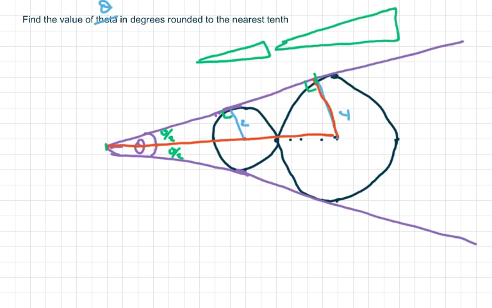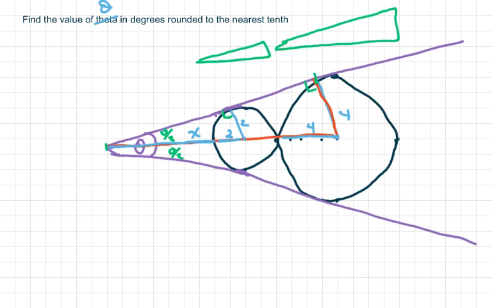So we're going to let this portion right here be x. And we've got to solve for this. We know that the radius is 2, so this is 2. This length here is also 2. The length of this bigger circle here, since the radius is 4, is 4.